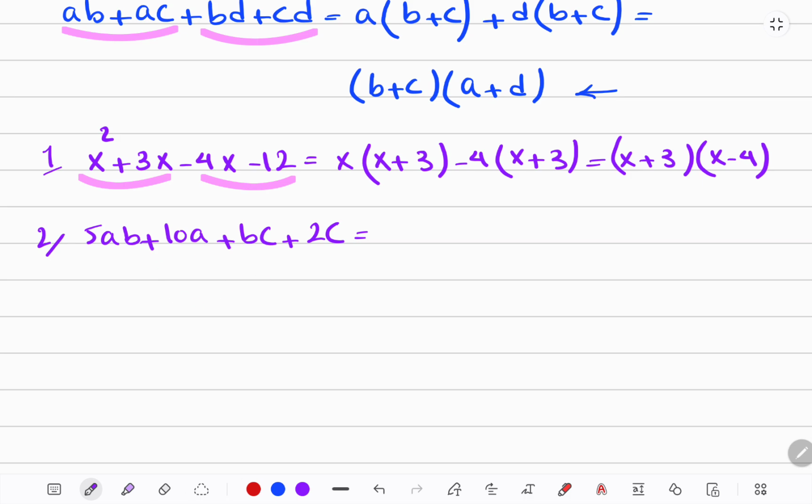For example, I want to group 5ab with bc. Okay, so this is my first group. 5ab plus bc, the first group, plus, and the second group is 10a plus 2c.